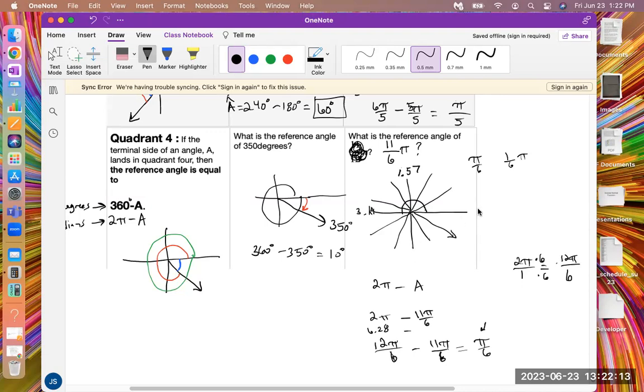So 3 times pi divided by 2 is 4.71. And of course, all the way around is 6.28.